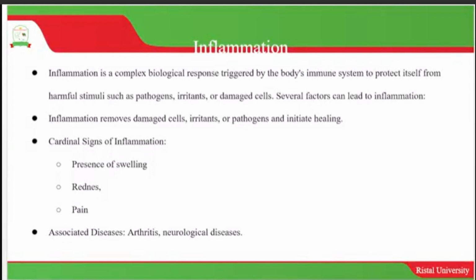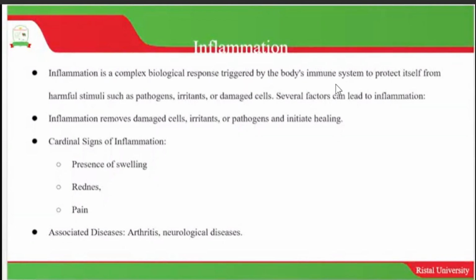So what could be the signs and symptoms of the inflammatory response? One of the cardinal signs is the presence of swelling. There is swelling at the site of inflammation. So when a damaged tissue is inflamed, it must also be swollen.